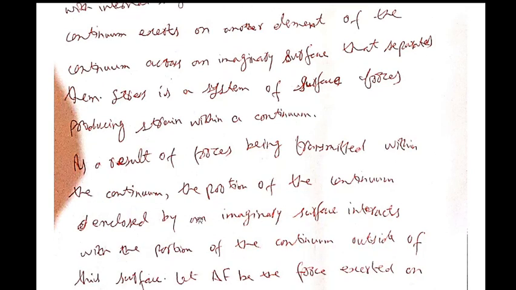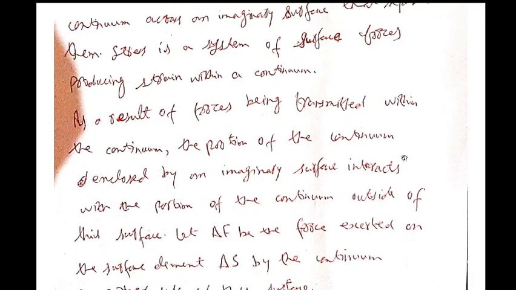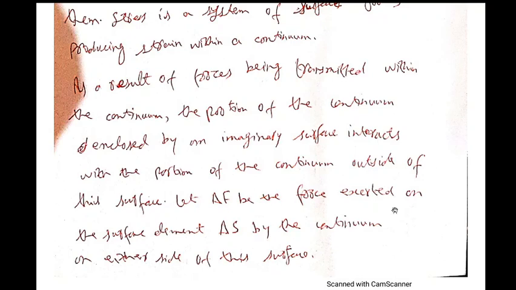Now, as a result of forces being transmitted within the continuum, the portion of the continuum enclosed by an imaginary surface interacts with the portion of the continuum outside of this surface. Both will exert force on each other. Let us suppose that delta F is the force exerted on the surface element delta S. Delta S is the surface area of that imaginary surface which is separating the continuum.